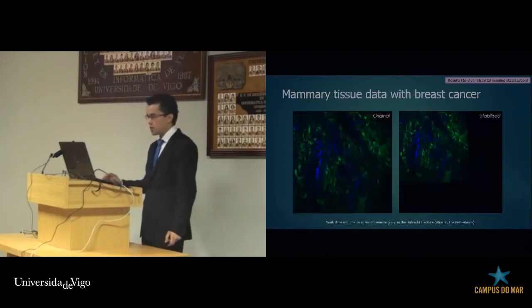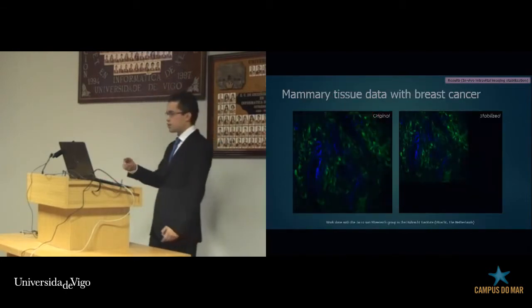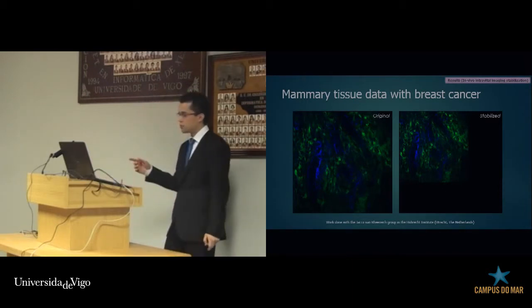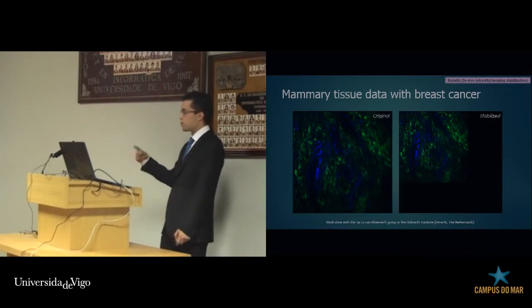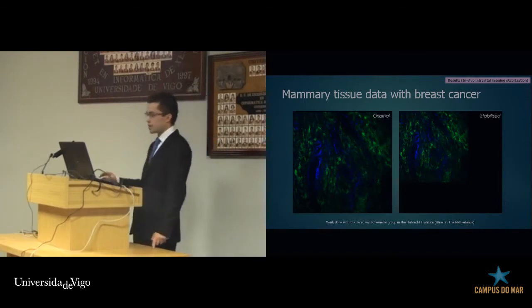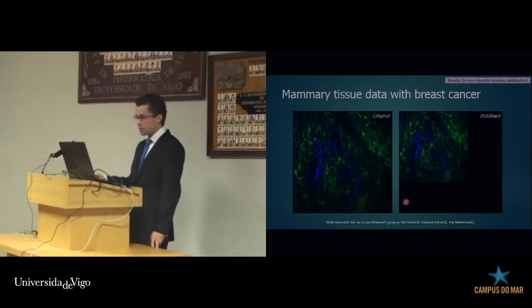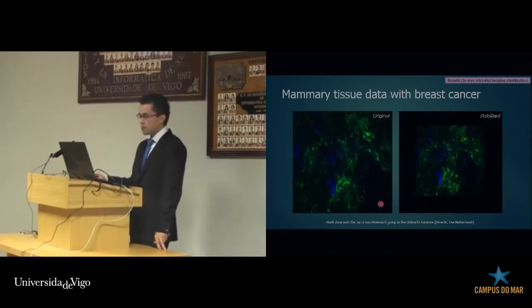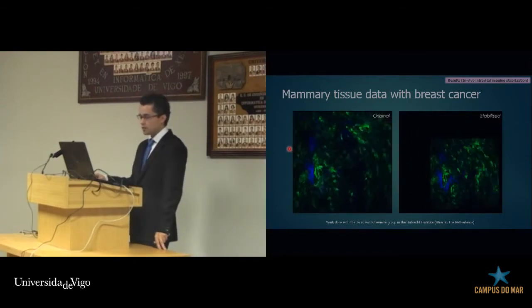Another example is data from the Utrecht Institute in the Netherlands. It's mammary tissue data with breast cancer, and you can see more movement. In the original video the tissue is moving up and to the left.